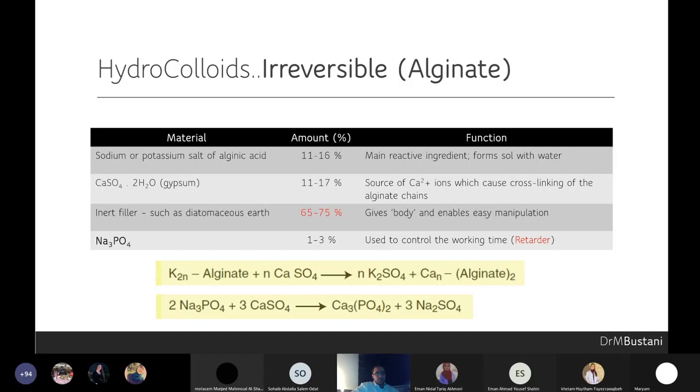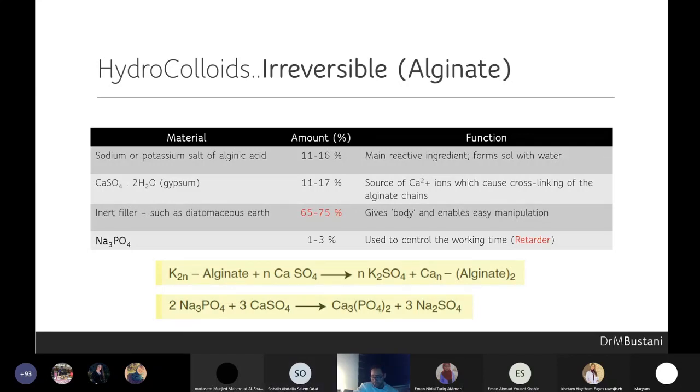From this slide, I want you to focus mainly on the setting reaction that you can see here. The reaction is between... not calcium, sorry... not sodium. I forgot the name. Potassium?